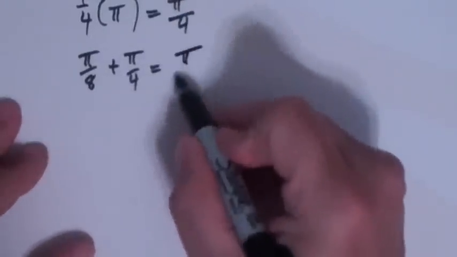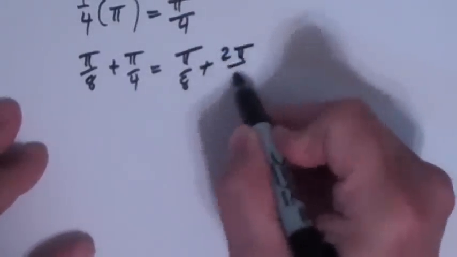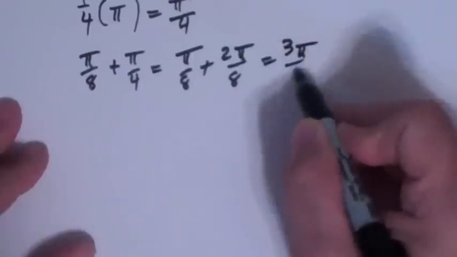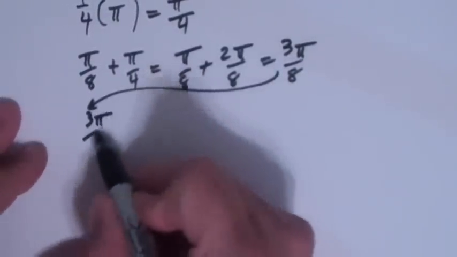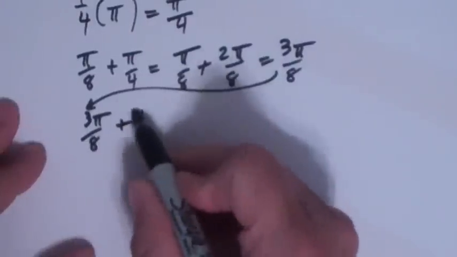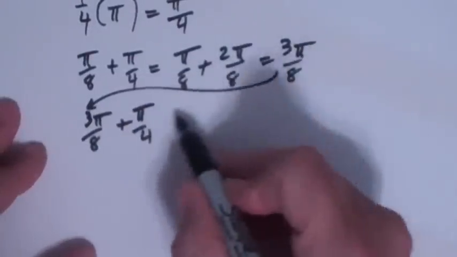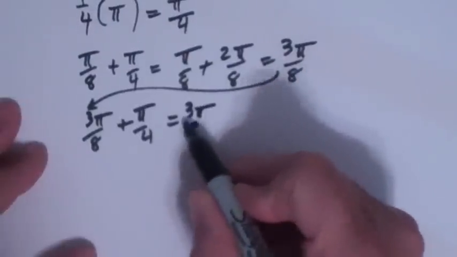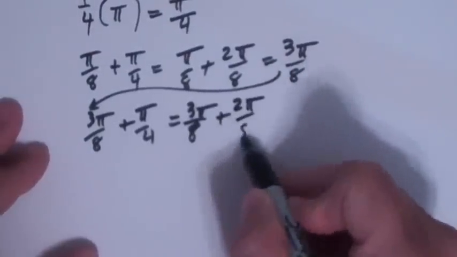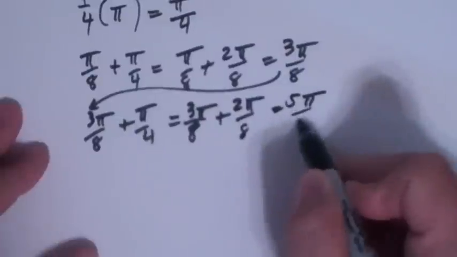So that's pi over 8 plus 2 pi over 8, and that's going to be 3 pi over 8. And then this is going to be the beginning for the next part. So I'm going to have 3 pi over 8 plus another pi over 4, which of course you know now really you want to add as 2 pi over 8. So we have 3 pi over 8 plus another 2 pi over 8 gives me 5 pi over 8.